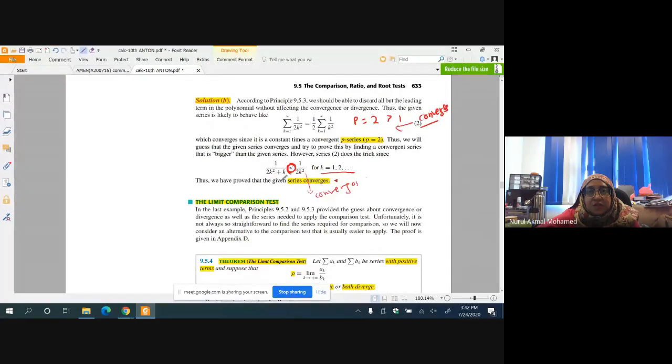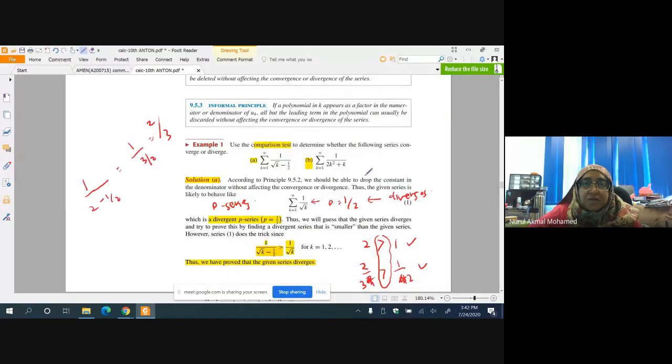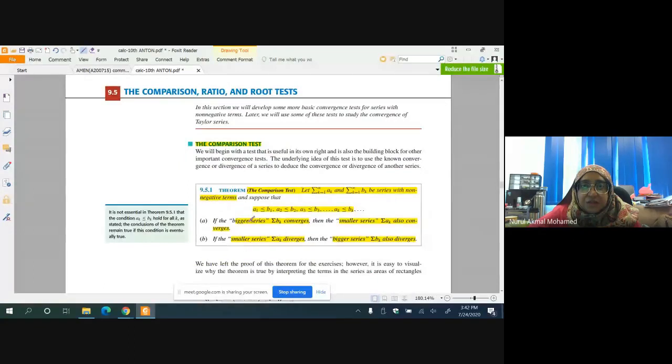So this is the small series and this is the big series. The big series converges. So we look at A: the bigger series converges. This is what we can confirm because it is a P series with P equal to 2. So it's confirmed that it converges. Then the smaller series will also converge.